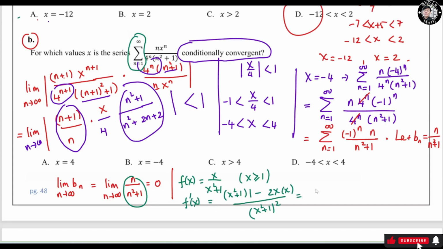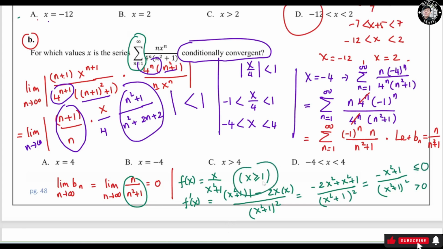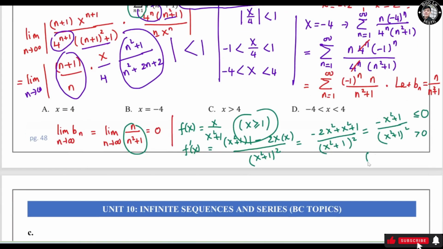So it could be negative 2 s squared plus s squared plus 1 over (s squared plus 1) all squared, so it could be negative s squared plus 1 over (s squared plus 1) all squared. The bottom is always positive. The top is less than or equal to 0 because s is greater than or equal to 1. So then f prime of s is less than or equal to 0, then f of s is decreasing.